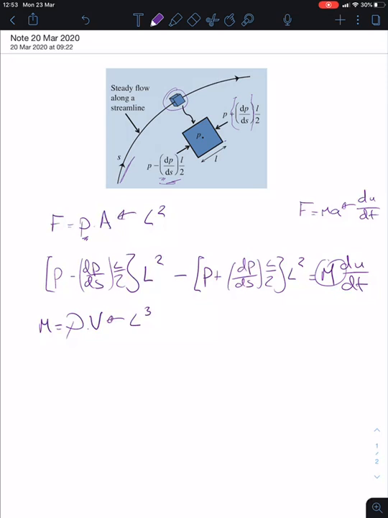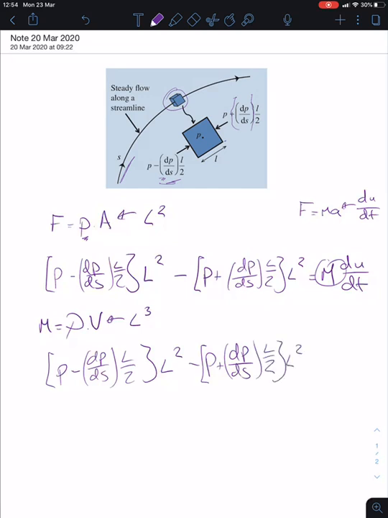So we substitute density multiplied by L cubed for mass in the above equation, and this means we have P minus dP by ds L over 2, times L squared, minus P plus dP by ds L over 2, multiplied by L squared again, equals rho, then L cubed du by dt.